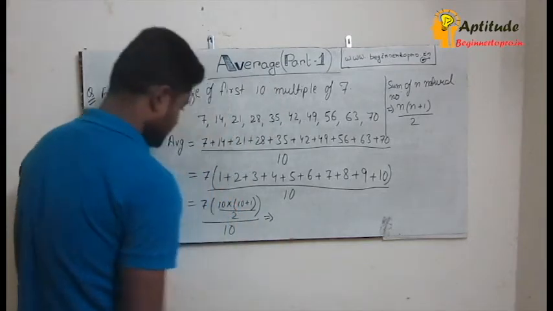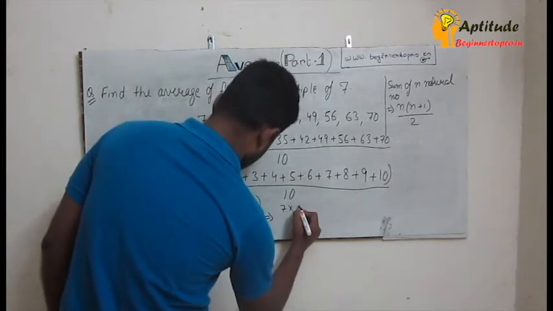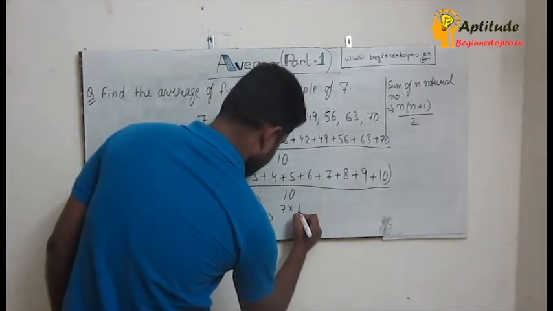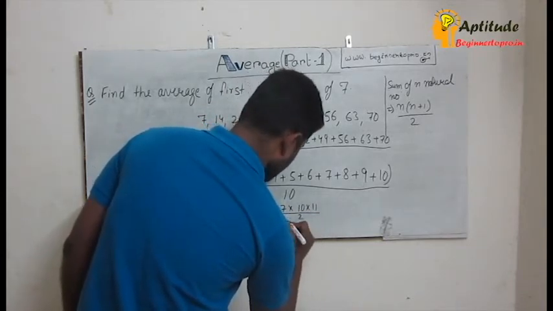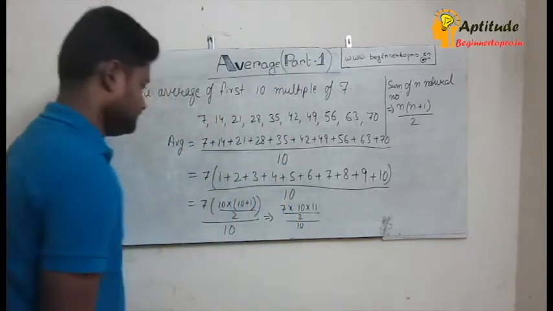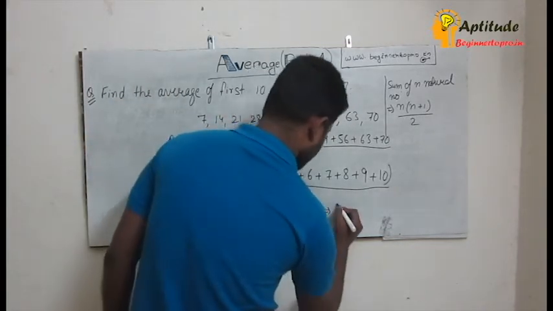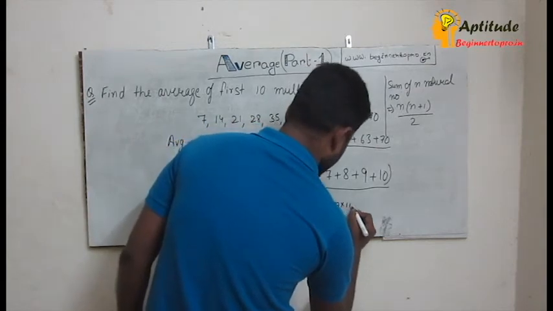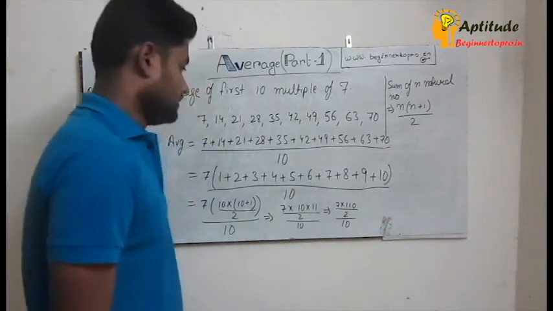So the value will be 7 into 10 into 11 upon 2 upon 10. Okay. From here we will get 7 into 110 upon 2 upon 10.